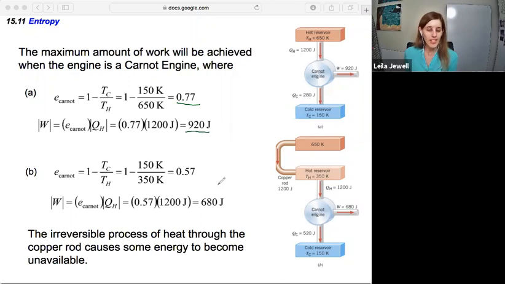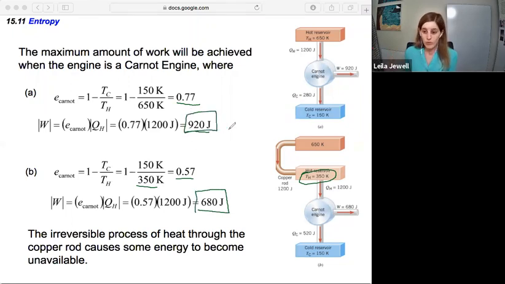Pretty good. In the second case, notice the temperature of our hot reservoir is now lower. So because that temperature has dropped, our efficiency drops as well down to 57%. We lose 20% of our efficiency. So the amount of work that comes out is now 680 joules, right?